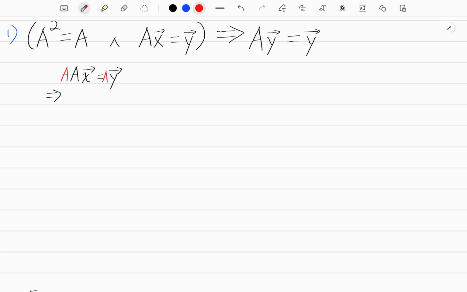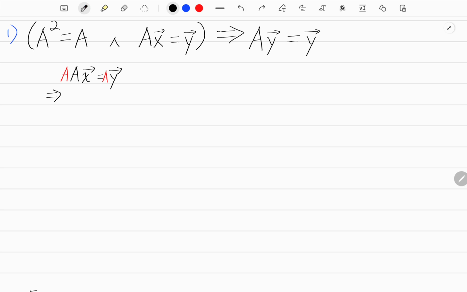Here I multiplied A on the left side of the expression Ax, so I should multiply A on the left side of the expression y. If I multiply A on the right side of one expression, then I'll have to multiply A on the right side of the expression on the other side. So this is what we have.